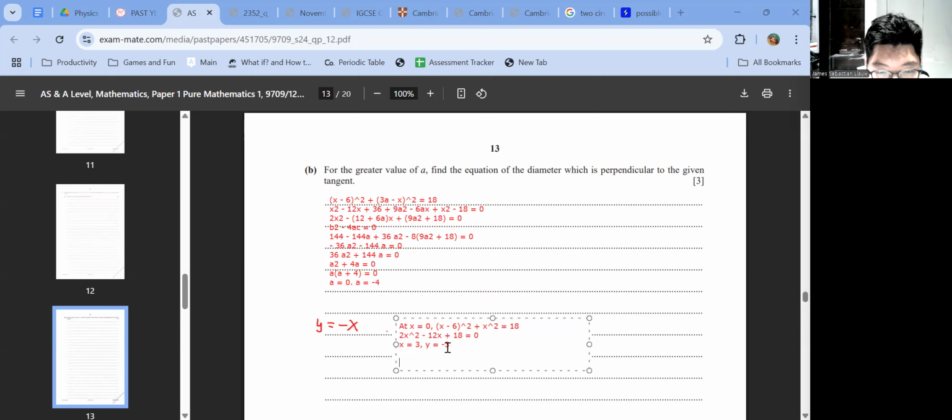Which means that the equation, the answer gives, oh, that's actually being c is 0. So your equation is y equals minus x.